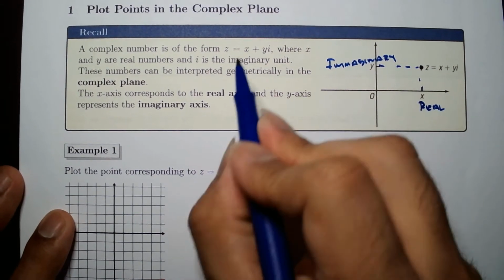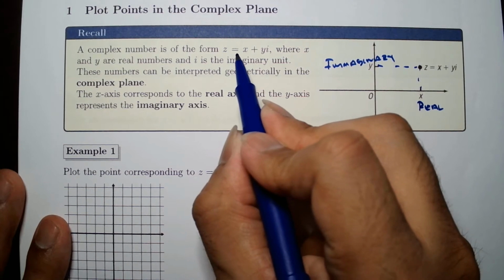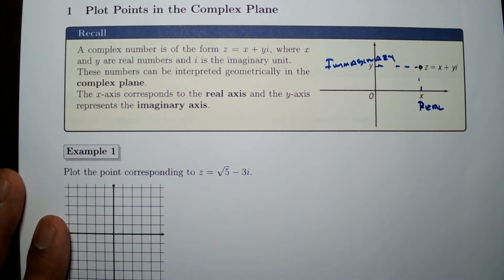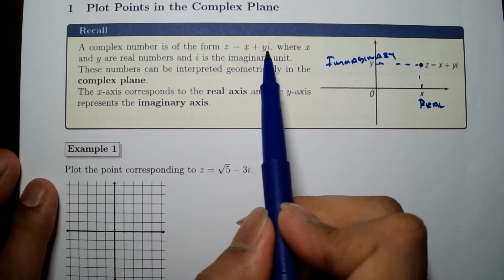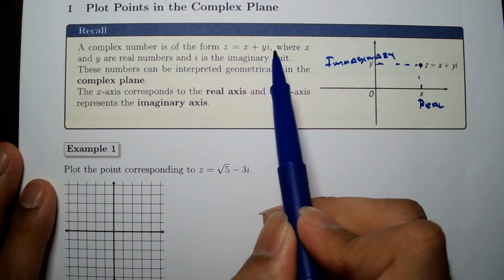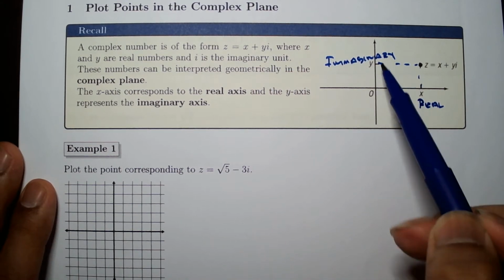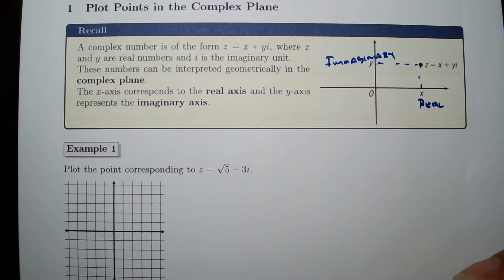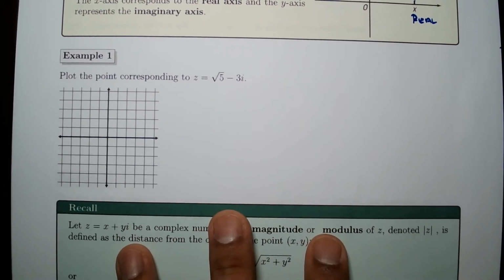So ultimately graphing a complex number is the equivalent of plotting a point (x, y). i is the imaginary unit to denote that whatever number gets multiplied by i means it goes in the y direction.